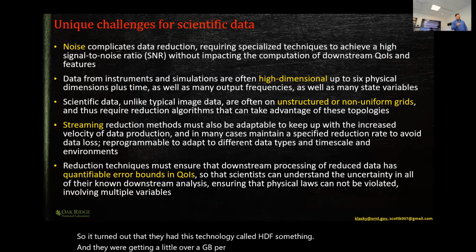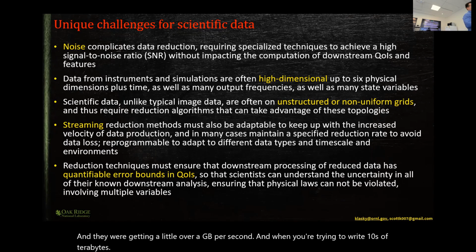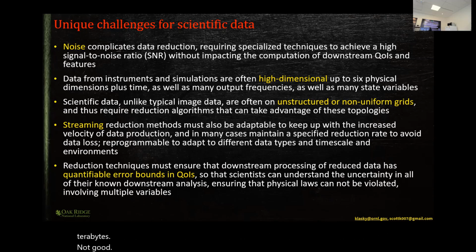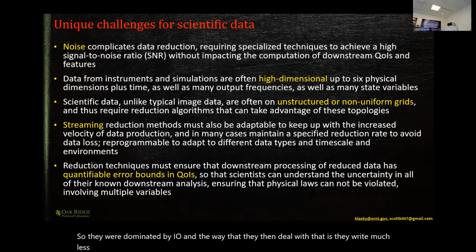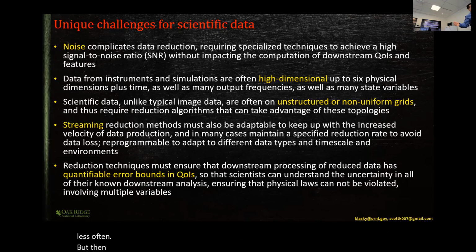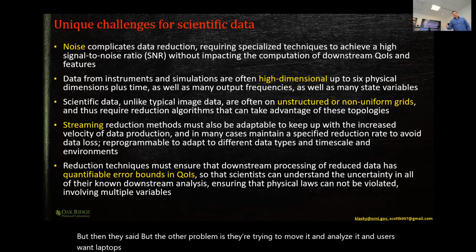And when you're trying to write tens of terabytes, not good. So they were dominated by I/O, and the way that they then deal with that is they write much less often. But then they said, well, but the other problem is they're trying to move it and analyze it, and users want laptops to analyze the data, and you can't do that.